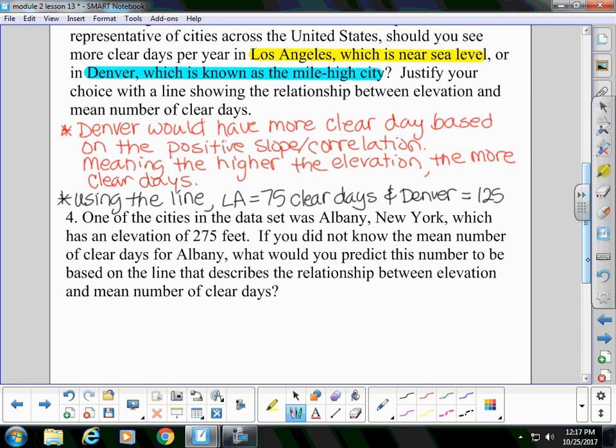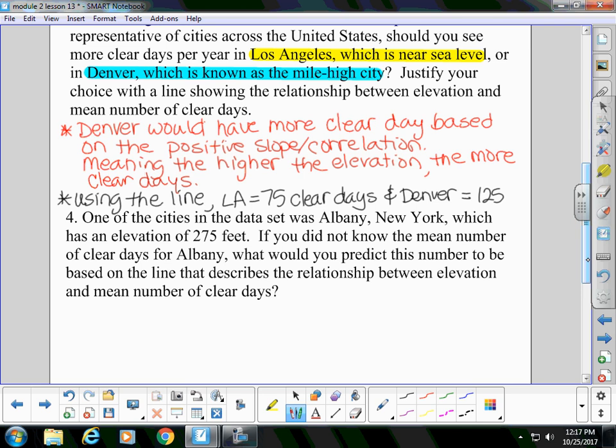Number 4, one of the cities in the data set is Albany, New York, which has an elevation of 275 feet. If you did not know the mean number of clear days for Albany, what would you predict this number to be based on the line that describes the relationship between the elevation and the clear days?